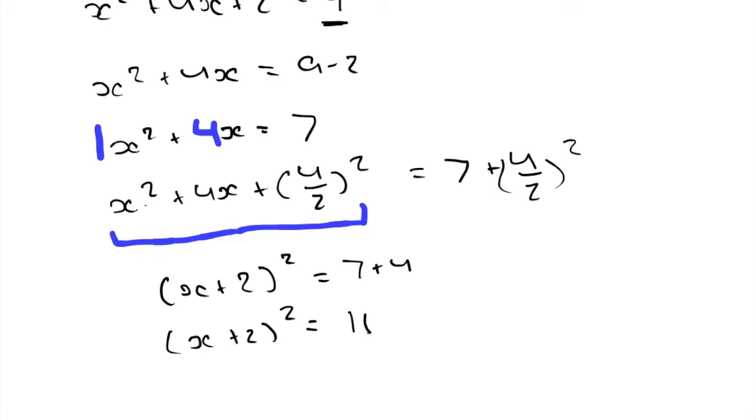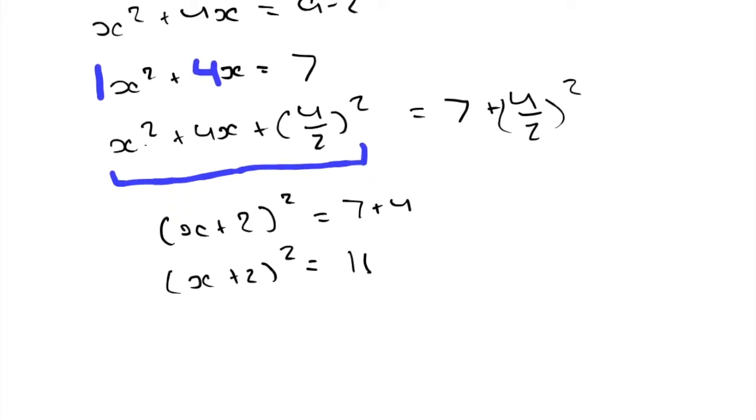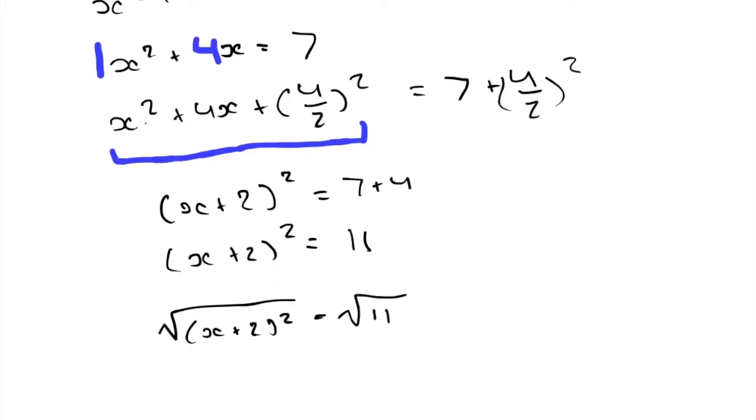Now that you have a perfect square on the left side of the equation and a constant on the right side, you can take the square root of both sides of the equation. You can square root (x plus 2) squared, and you can also square root 11, right? When you square root (x plus 2) squared, you simply get x plus 2.